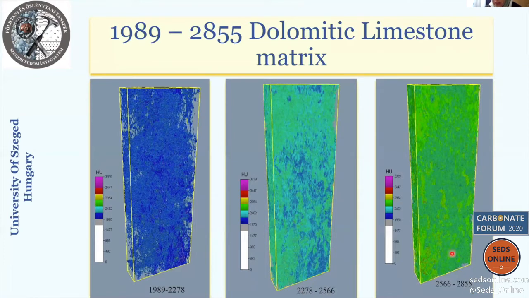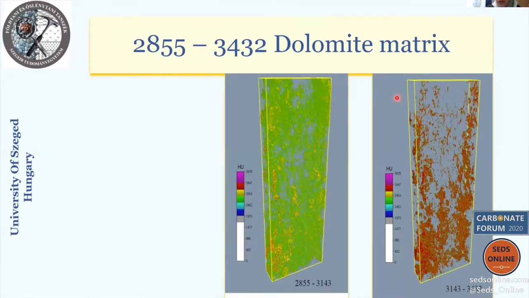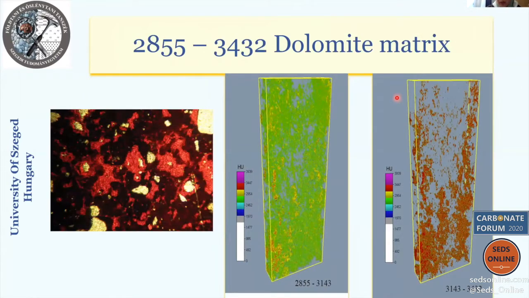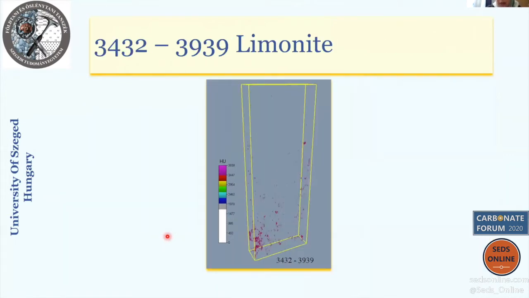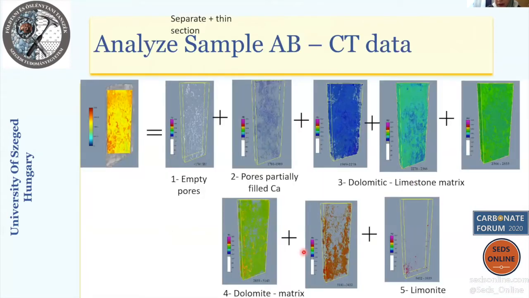The third group is related to the dolomitic limestone matrix, and the fourth group to the dolomite matrix. In the previous section we can see the calcite and the dolomite with some pores and quartz grains. The final group is related to the limonite. If we combine all of these data, we can get the whole sample CT.